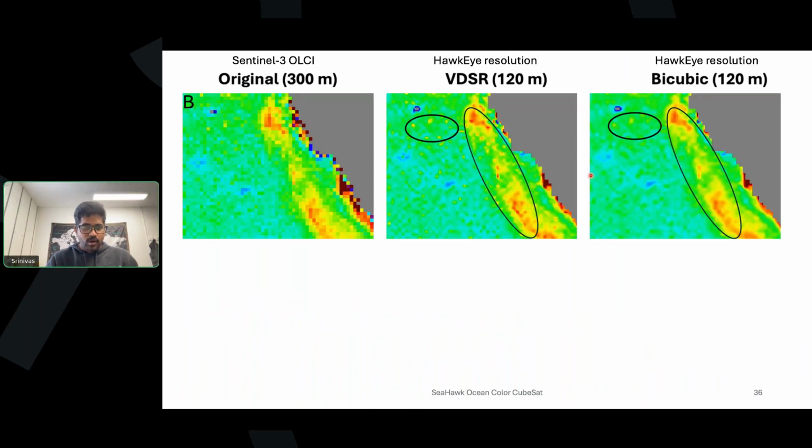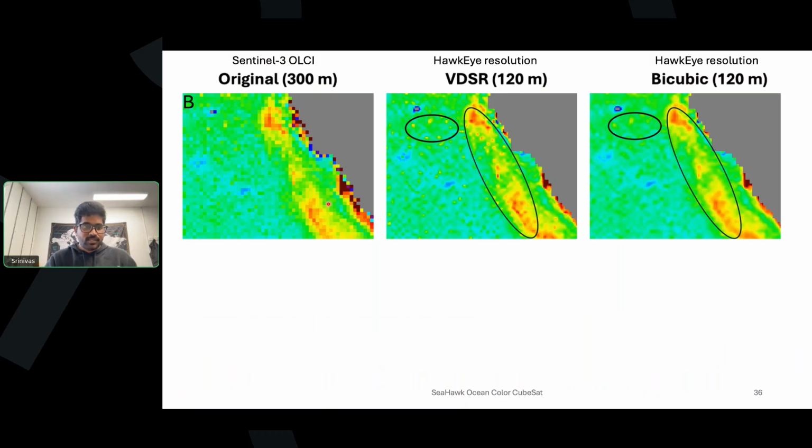So we developed two models, VDSR and EDSR, but I'm showing the results for VDSR and bicubic here. On the left, we have Sentinel-3 OLCI at its original 300 meter resolution, and this is a coastline with some features. The VDSR model was able to produce high spatial resolution data with crisp and clear features.